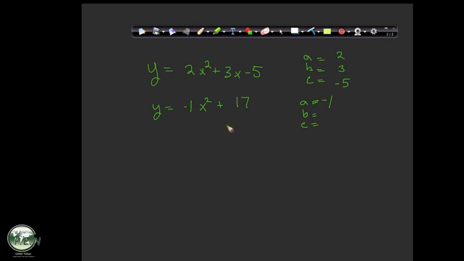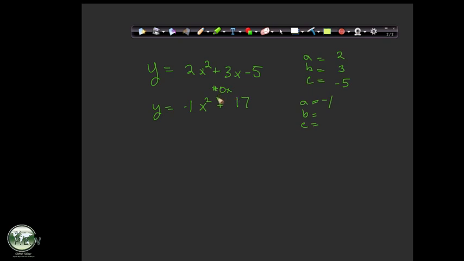What about B? Next number is 17. Why would it be 0? You don't see an x. Good. If you want to think of it, there's this plus 0x in here. We don't write it because it's invisible. It's 0.